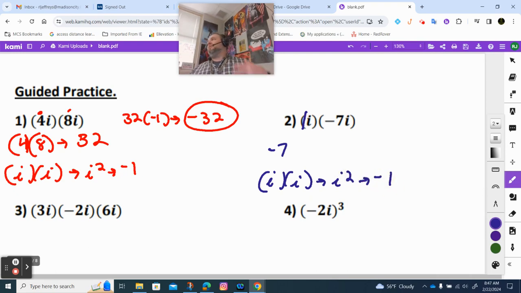Eventually, after you get used to saying that i times i is i squared and i squared is negative 1, you'll be able to see this and go from here straight to this. But we might not be there yet. All right, this is a hard one. Brace yourselves. What is negative 7 times negative 1? 7.